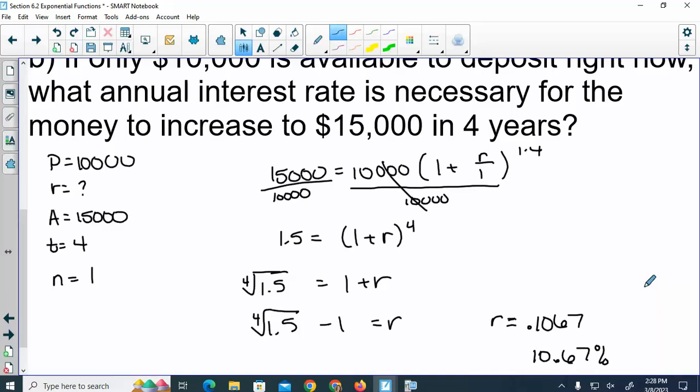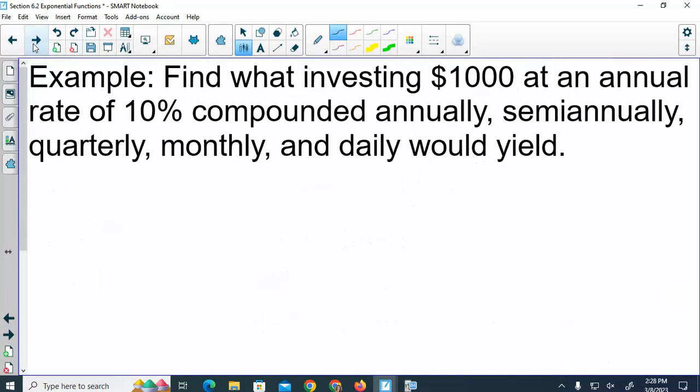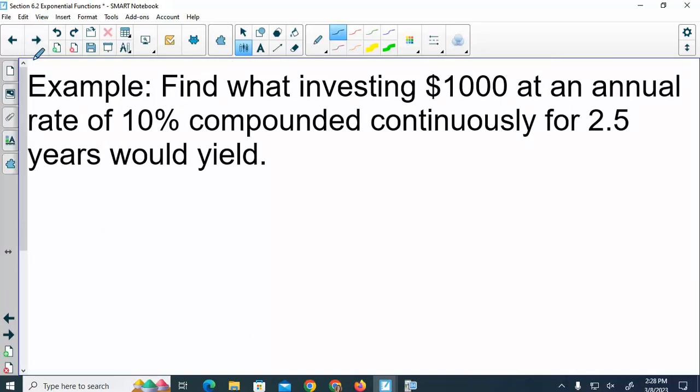I'm going to skip the next slide for now. I want to go to this one. Find what investing $1,000 would yield. So what would the 1,000 represent?